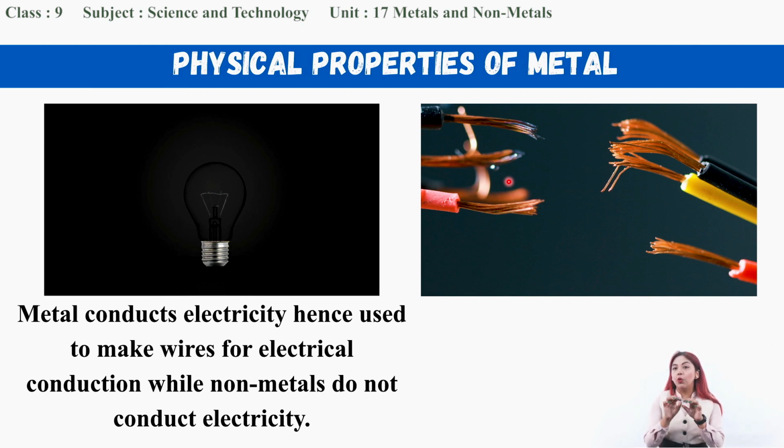Have you ever seen wood, which is a non-metal, used to conduct electricity between two points? No, because wood is a non-metal and it does not conduct electricity. So metals conduct electricity, hence we use them as wires for electrical conduction, while non-metals usually do not conduct electricity.